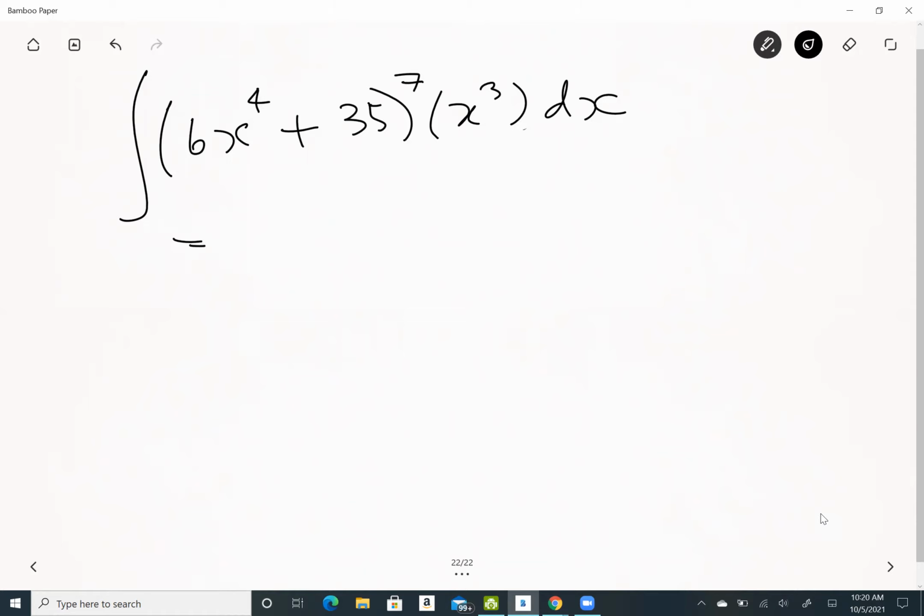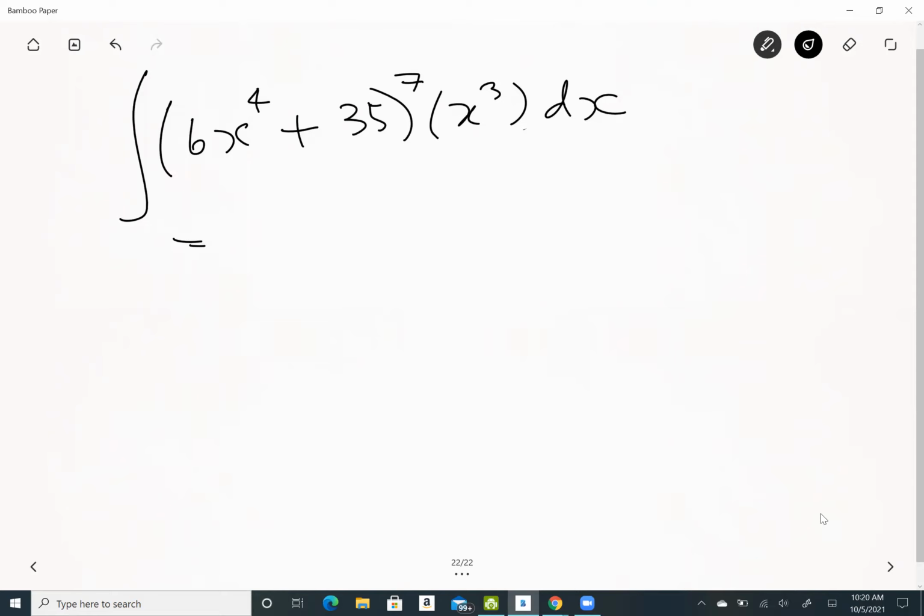Okay, what is the term in the bracket? 6x to the power of 4 plus 35. Then you take u prime. Okay, so what is u prime? 24 x to the power of 3.